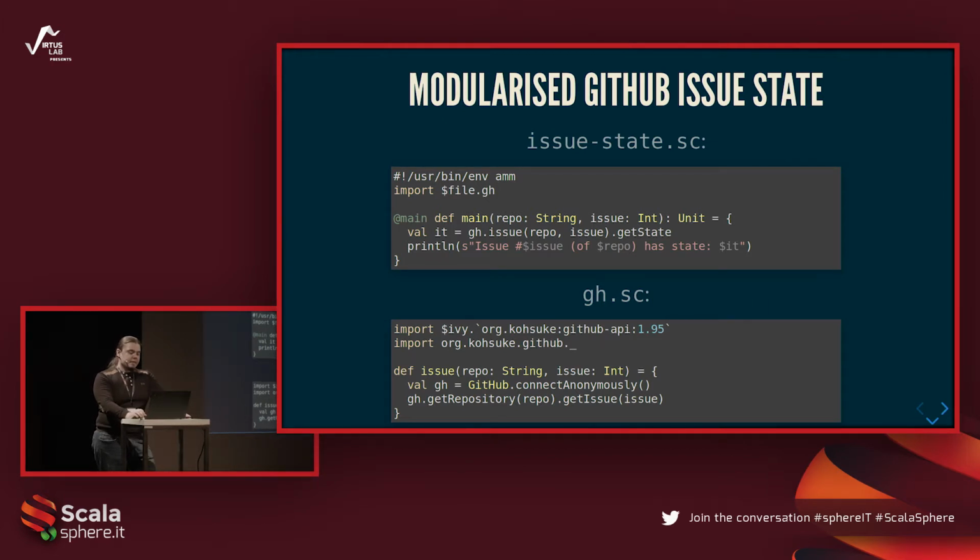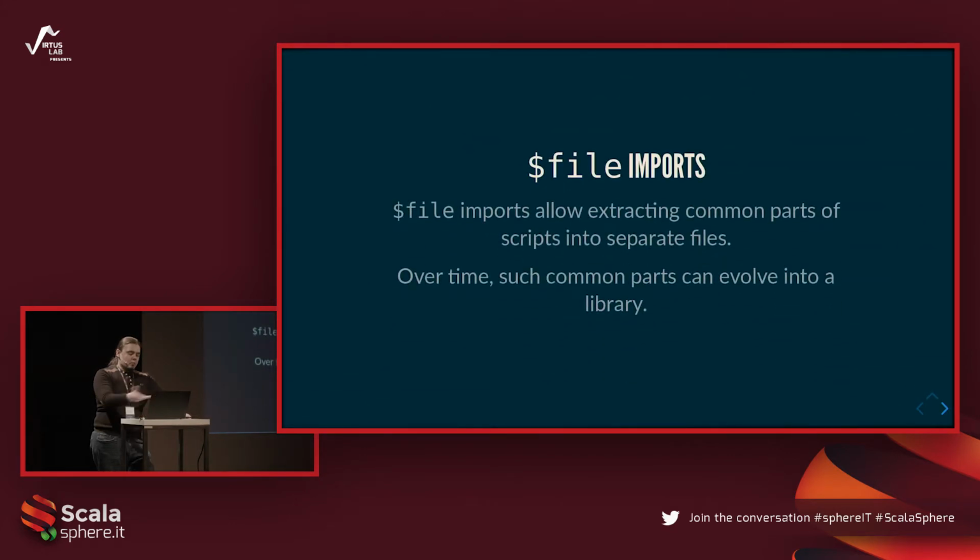And the interesting part about this is that Ammonite allows us to clearly organize our scripts, which again is very useful if we are scripting web APIs, because then we can factor out the common code which is related to dealing with the API, parsing anything that it may have returned, any class definitions.